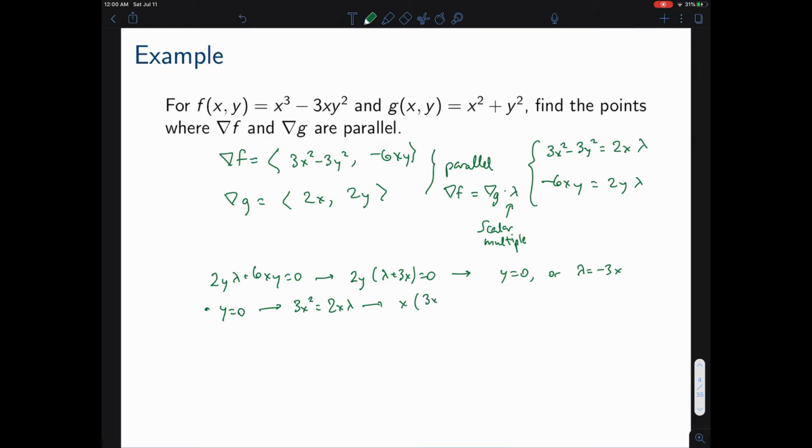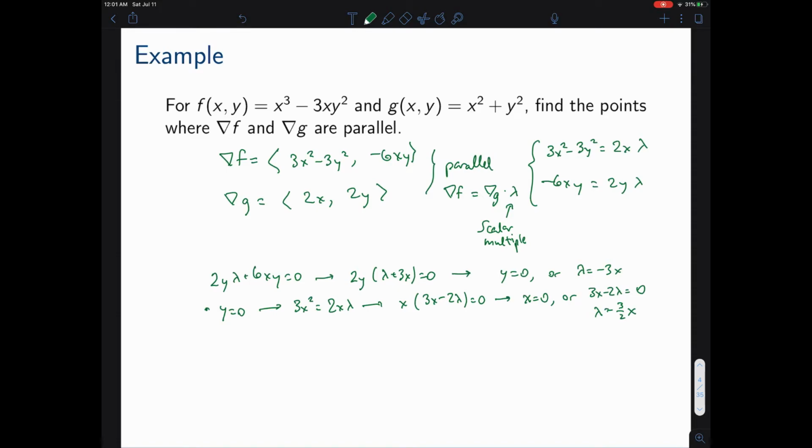We get x times 3x minus 2 lambda equals 0. So then x equals 0, or 3x minus 2 lambda equals 0, in other words lambda is 3 over 2 x.